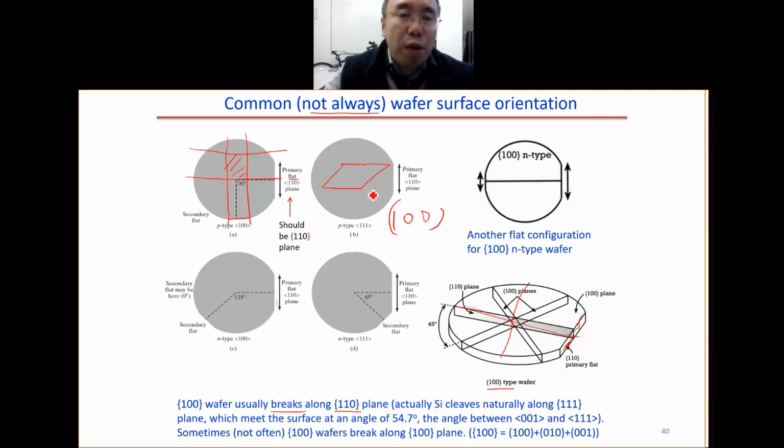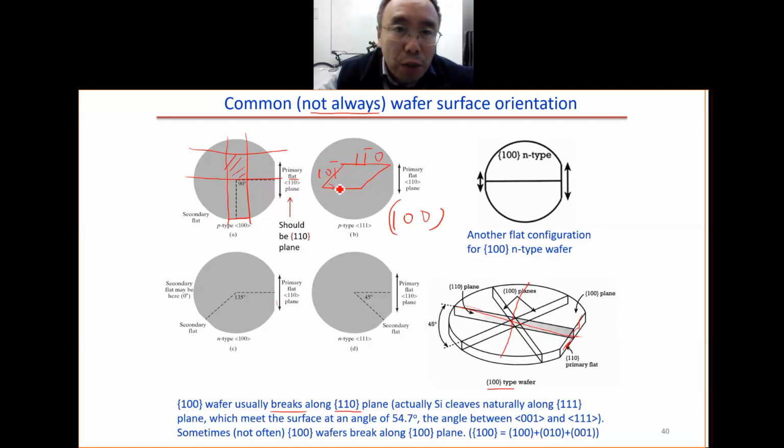It's a parallelogram. So one of the orientations may be this one, the 1 0 minus 1.